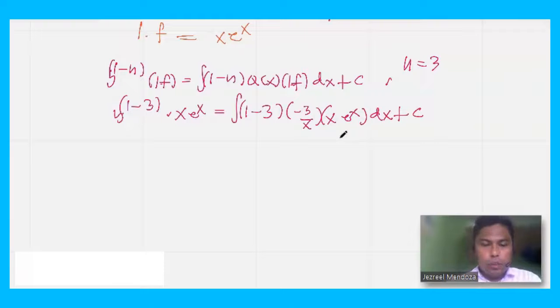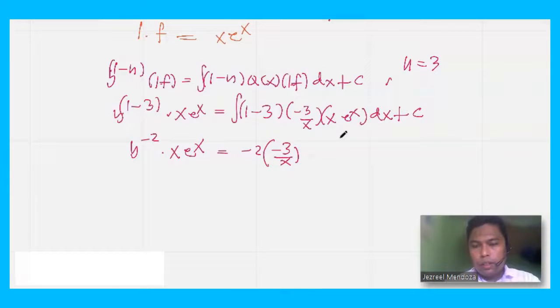And then from that we can simplify again. Okay, this is y to the negative 2 times x e to the x is equal to, again, this one, that is negative 2, and then negative 3 over x. Okay, and then we have x e to the x, and then this is dx plus c, and then get the integration.